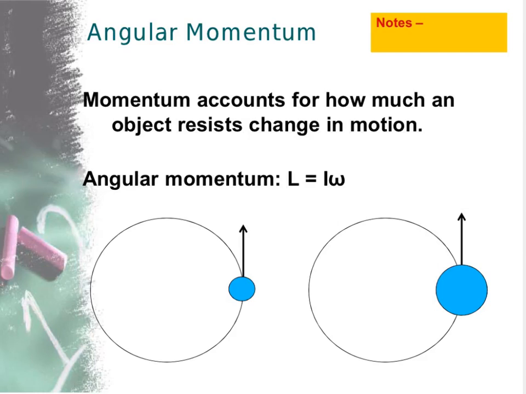Now in physics we can do the same thing with angular momentum. You can have an object with a moment of inertia I, and it's going around in a circle at an angular speed omega. So you can calculate something called angular momentum by multiplying the moment of inertia times the angular speed.